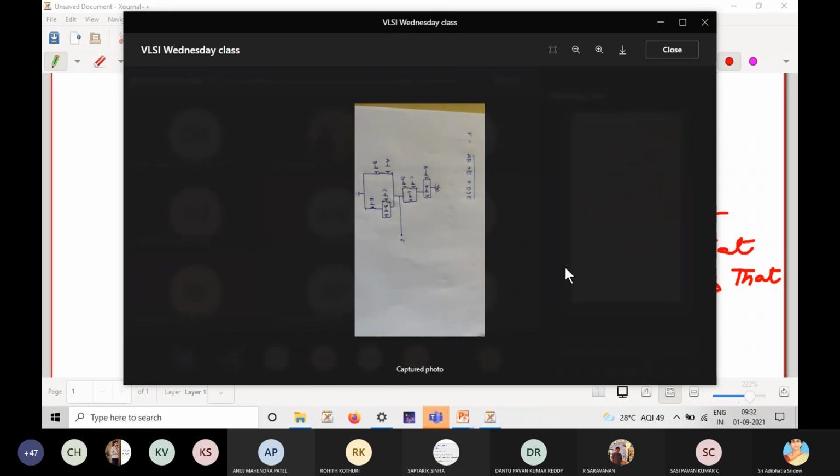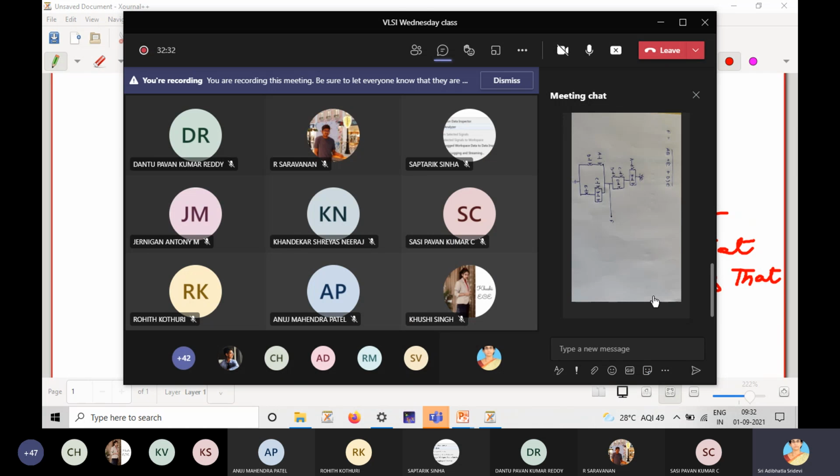AB plus C plus D into E. AB is parallel, then in series with the CD series combination. Yeah, your circuit is correct. What about the others? Have you drawn the circuit?